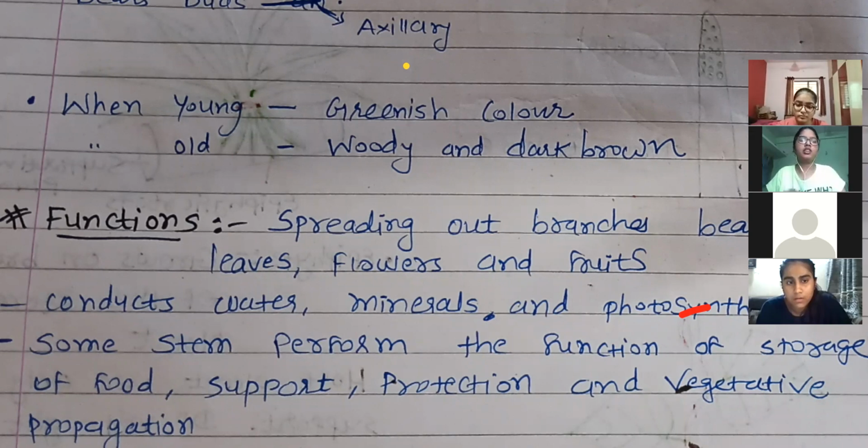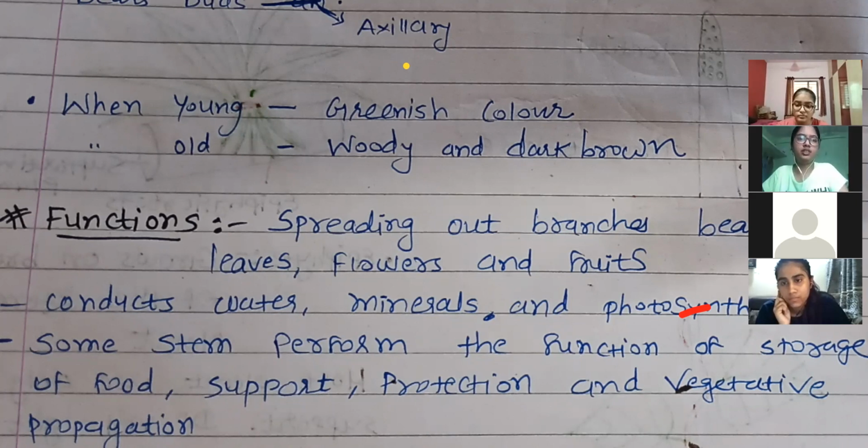Ma'am, on the stem the nodes are present, and on the nodes the leaves grow, and between the node and the stem and the leaf, a bud is grown. At the angular position, a cell mass is formed that we call the axillary bud. Okay.